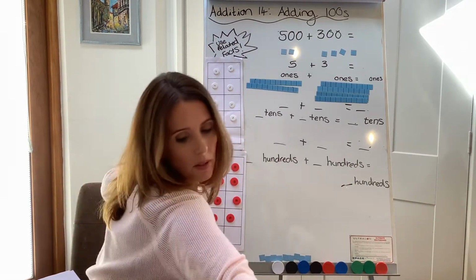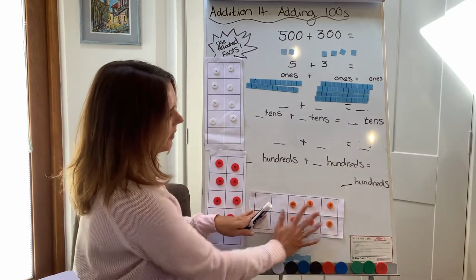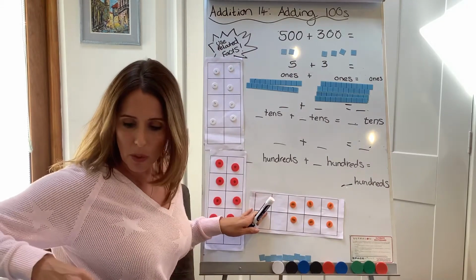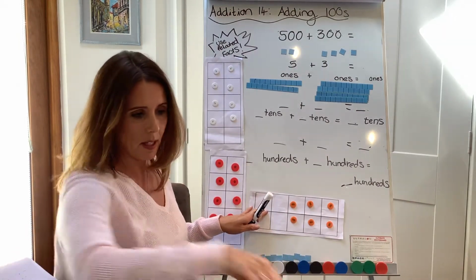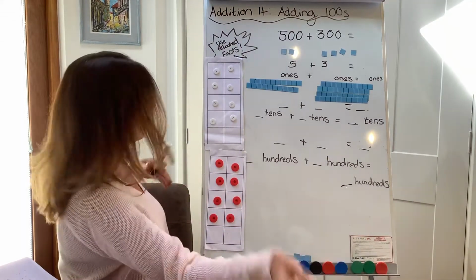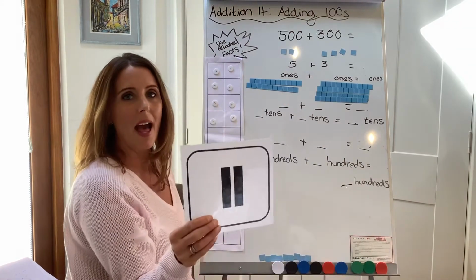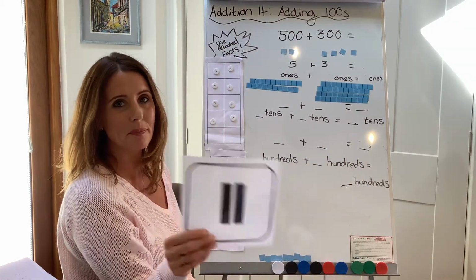Then think again what you're going to do when you want to make hundreds, when you've got 5 hundreds and 3 more hundreds on there. Okay, so pause the clip and have a go at that one.